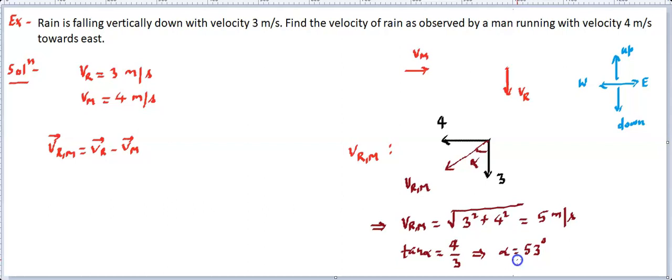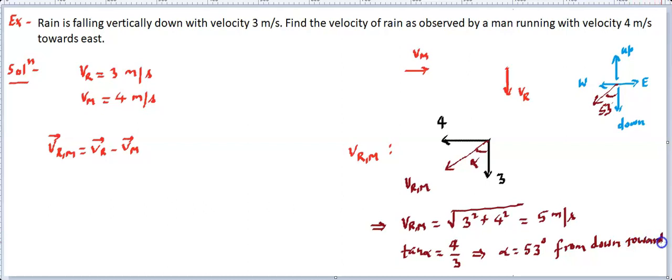This angle is of the raindrops as per the person. This angle is from the vertical direction towards this direction, and this direction is the west direction. So the raindrops are coming like this. That means they are making a 53 degree angle from the vertically downward direction towards west.